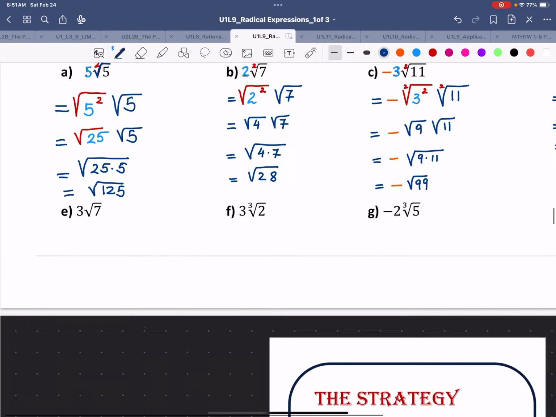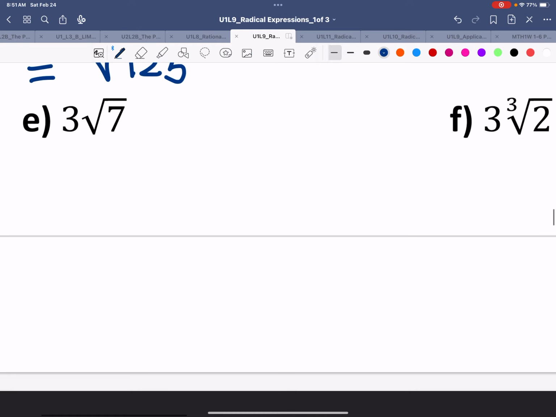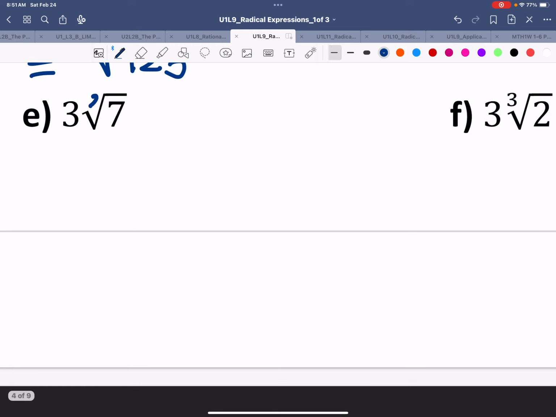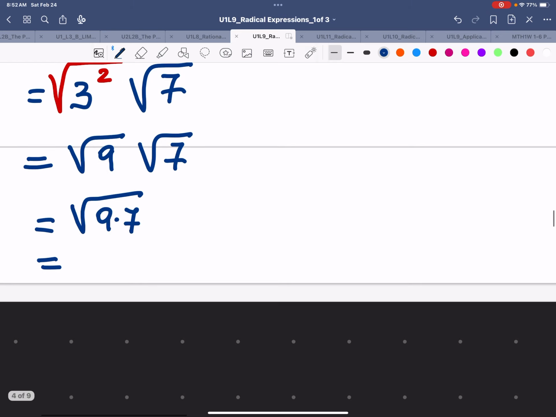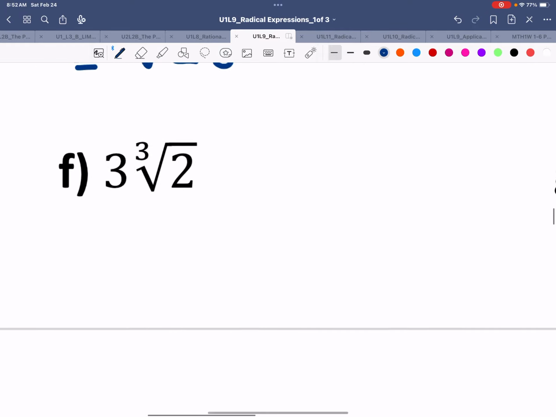Next question, let's see how many we have. We have index 2 again. Let's make it red, stay consistent. We have 3 now that should come to the power of 2 and be square rooted, and the square root of 7. So that would be the root of 9 times the root of 7, or the root of 9 times 7, which is the square root of 63.